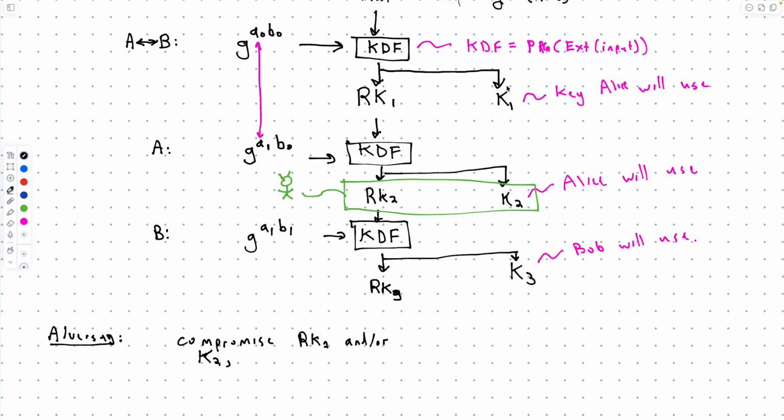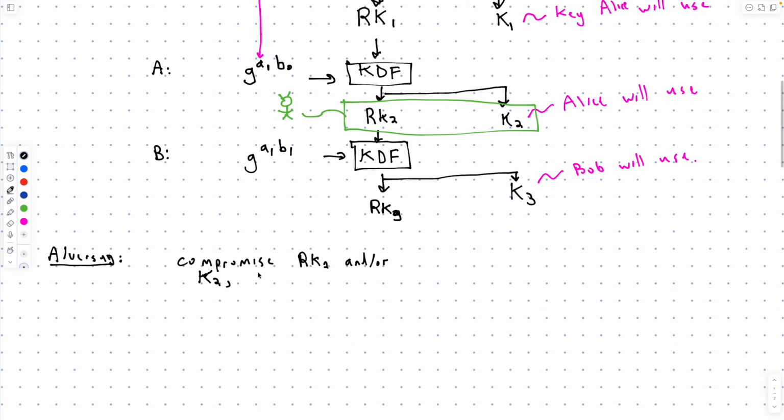So what that means is all the messages that use K1 are still secure, even if K2 is compromised. So we cannot learn K1 because KDFs and PRGs are one way. It's like a hash function in that sense.